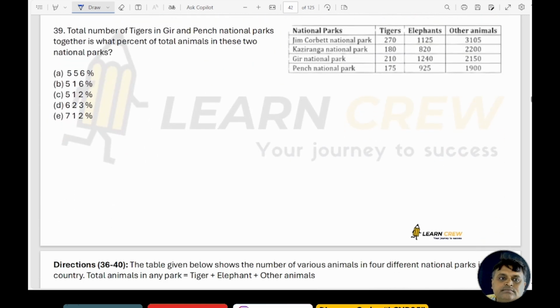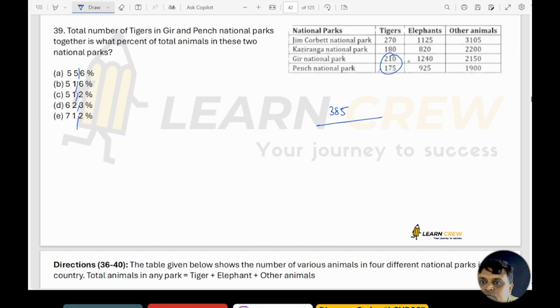Next. Total number of tigers in Gir and Pench national parks together is what percentage of total animals in these two national parks? Tigers in Gir and Pench together is 385. 385 is what percentage of the total number of animals in these two national parks?